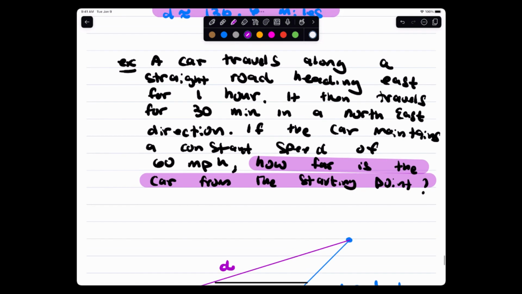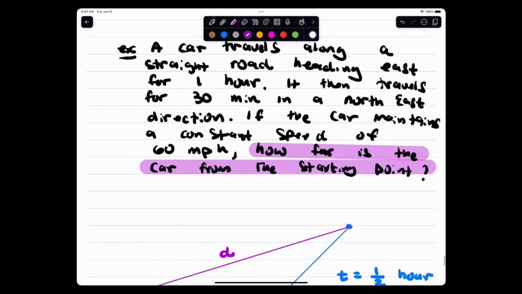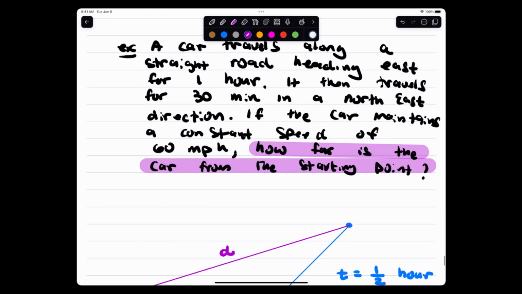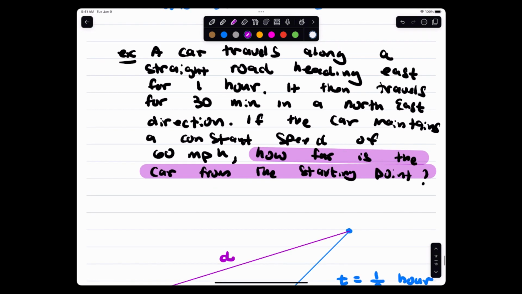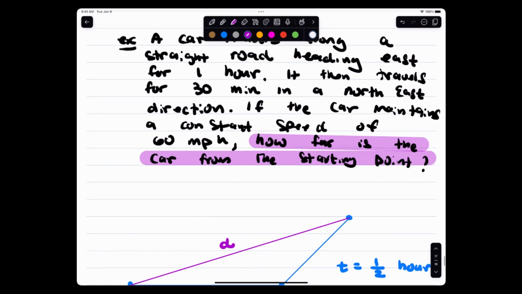Okay? So let me say this to you guys here. This is kind of something that they should have said to you. They're going to travel north, east, a 45-degree angle. Okay?